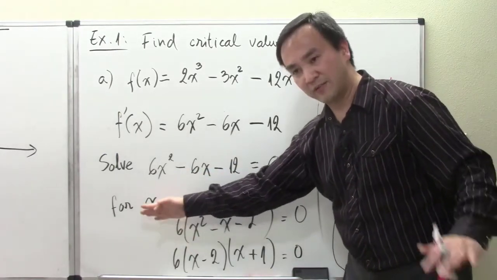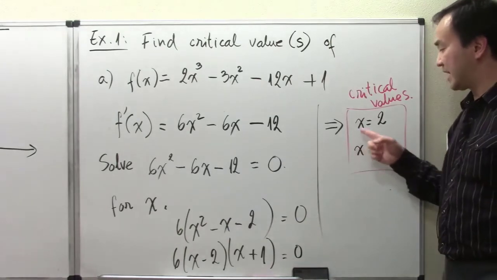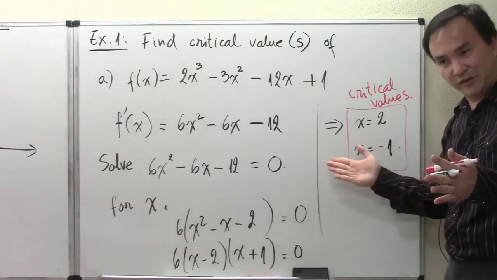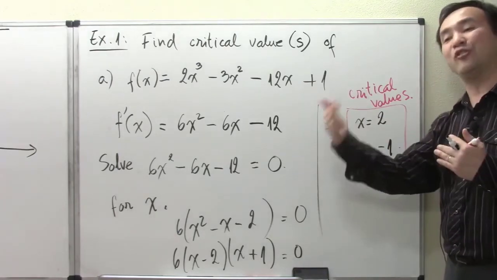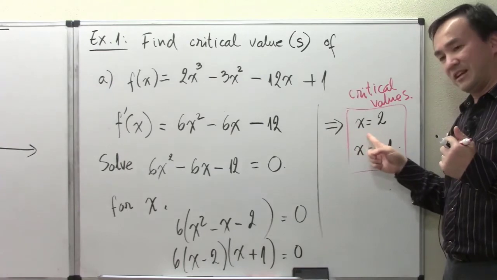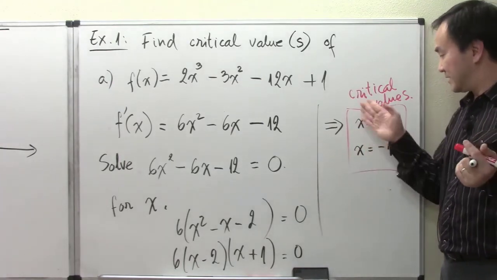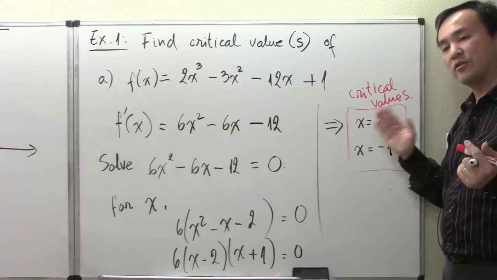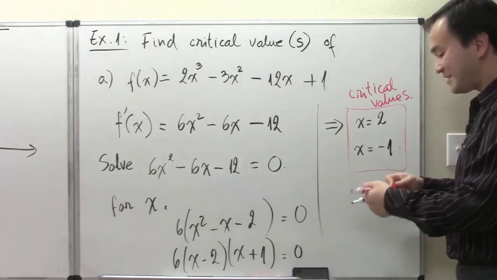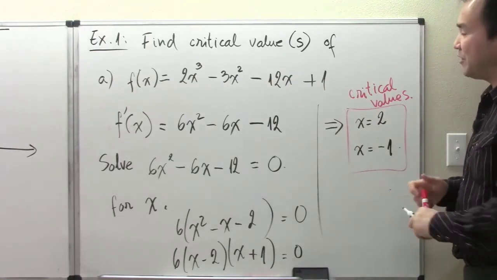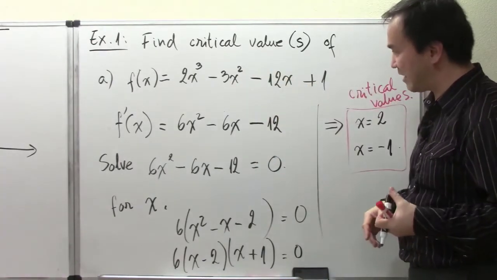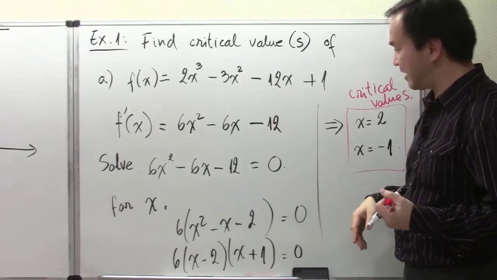And provided that your solving work algebraically is correct, then these are all the critical values that this function will ever have, okay? And so now we found the critical values of our first function in our example 1.